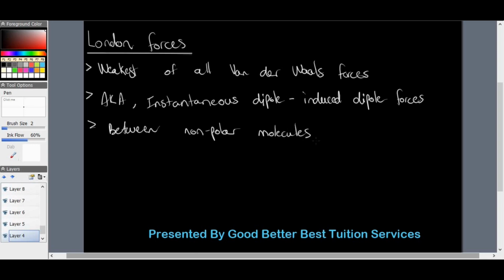What we need to remember is that electrons in atoms or molecules are not fixed in space, but are in a state of constant motion. They're not static. When two non-polar molecules approach each other or collide for an instant, the negative electrons in the space around the nucleus will repel each other.